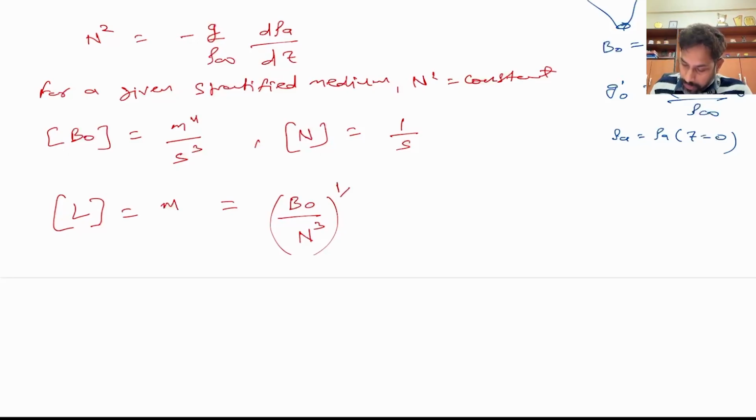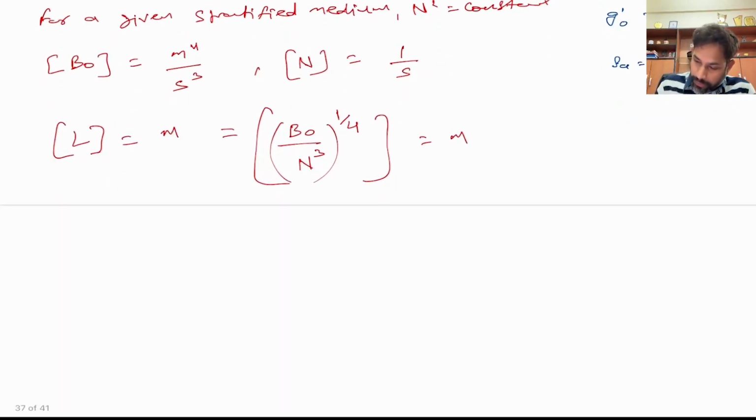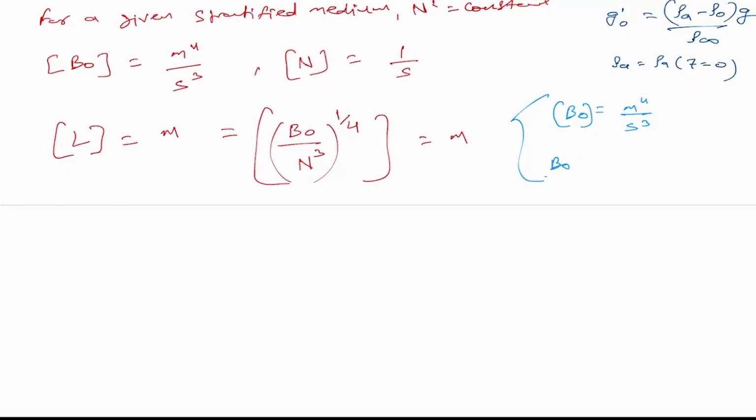If you want to see how it's happening, B naught is m to the power 4 by s cube, and if you divide that by N cube, it becomes m to the power 4 by s cube divided by 1 by s cube, and that is why the s cancels out.